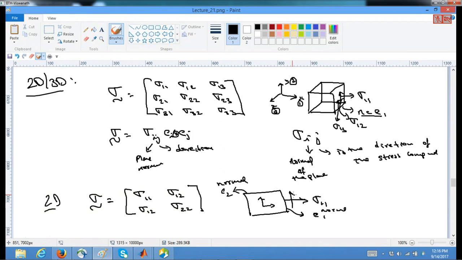This component is acting on the plane with a normal in direction 2, this one is sigma with the normal 2 and acting in the first direction, and this one is sigma 2 2.